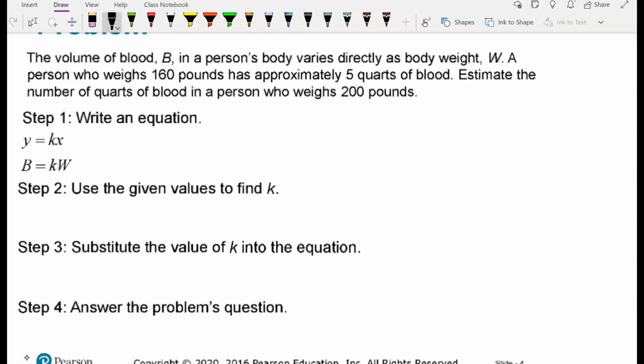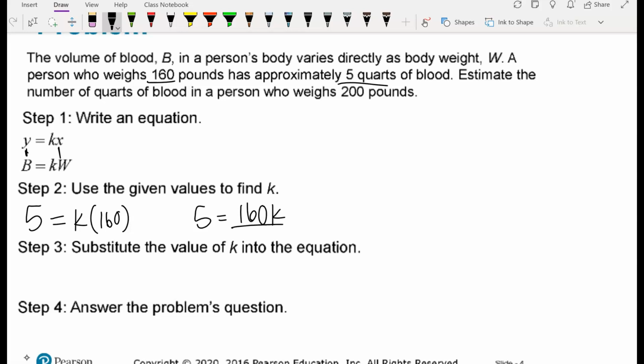B is going to be y and x is going to be W. Then we replace them with what we already know, the 160 and 5. So 5, the volume of blood, equals k times 160 for the body weight. So it's 5 equals 160k.